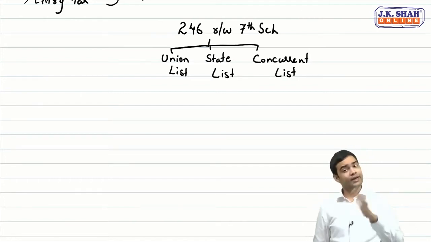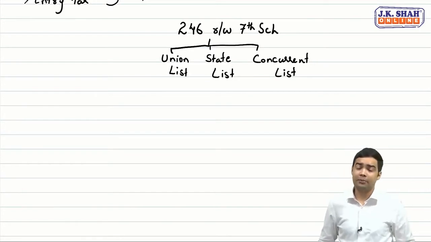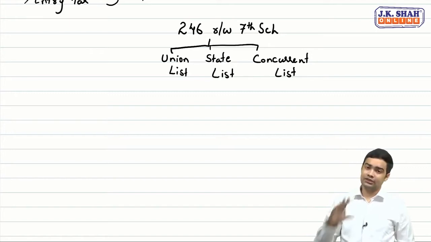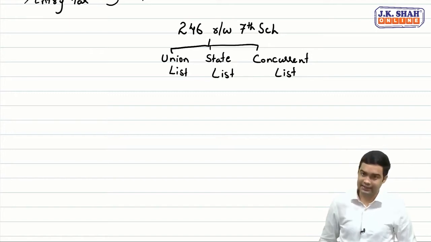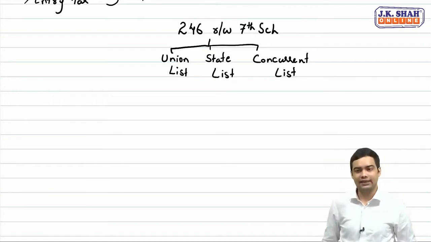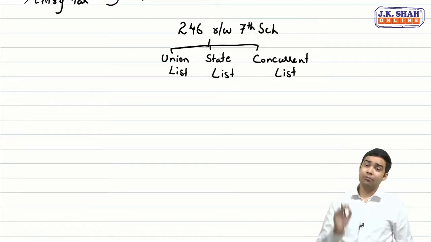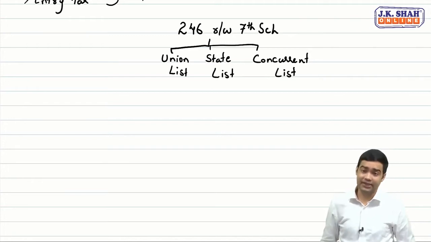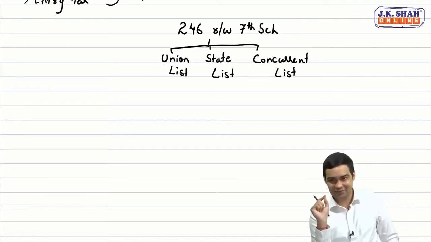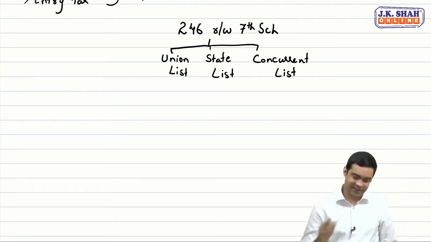So can there be a difference between Karnataka and Maharashtra? Yes, there can be a difference, but it has to be within the ambit of the state list. Concurrent list, where both can make the law, but both will make the law separately. However, there is not even a single taxation item in the concurrent list.